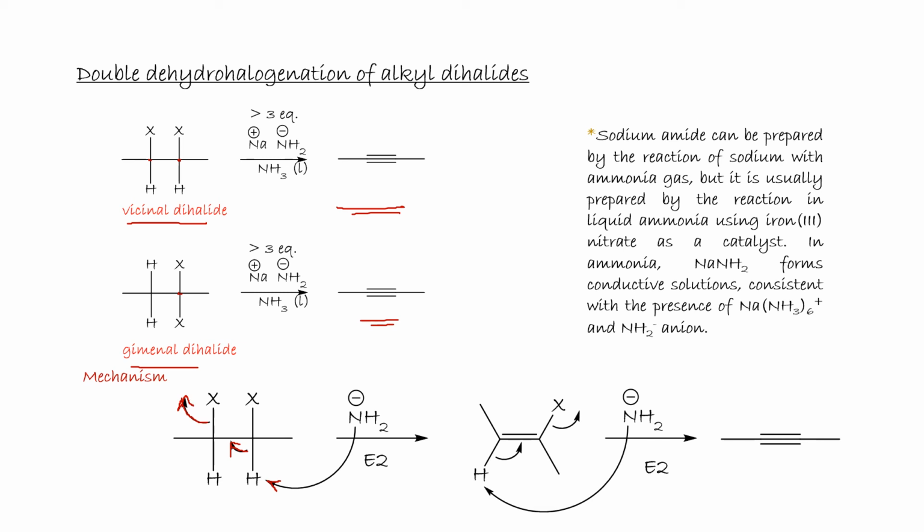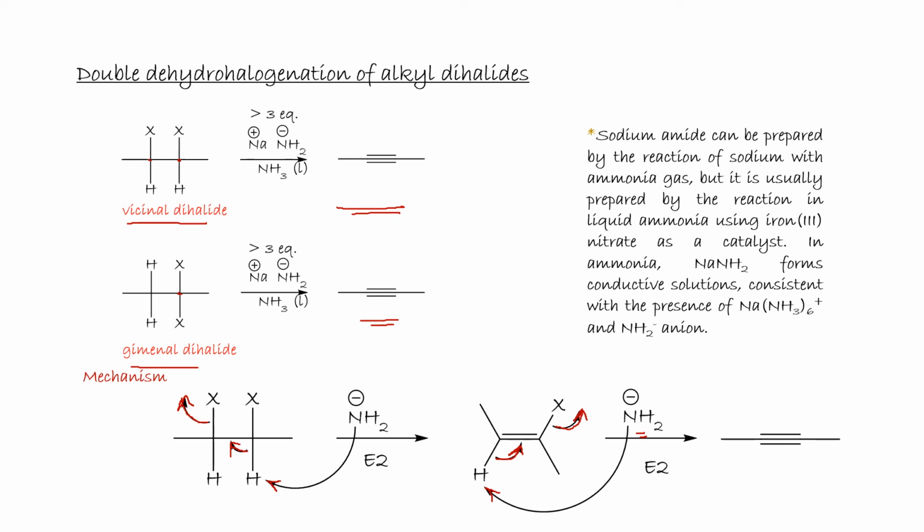Second amide again acts as a base, abstracting a proton, forming a triple bond, ejecting halide. In case of a terminal alkyne, a third molecule of the amide will abstract the acetylenic hydrogen, forming acetylide, which then can be protonated with just water.